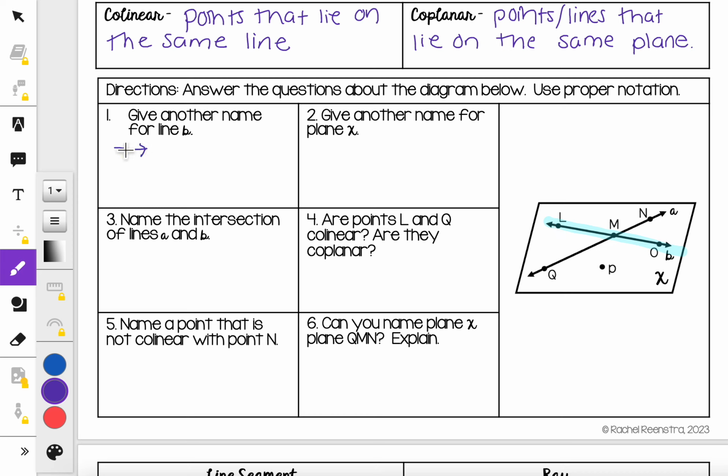So I could say it's line LM. I could say it's line LO. I could say it's line MO. Okay, all of those would be appropriate names for line B.